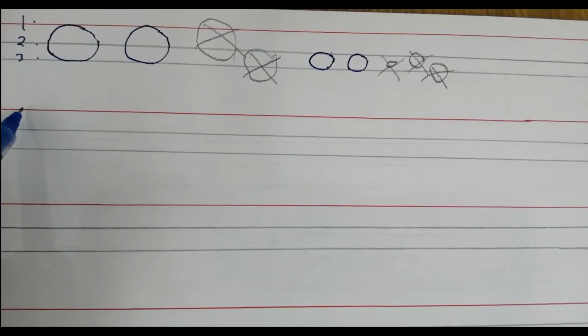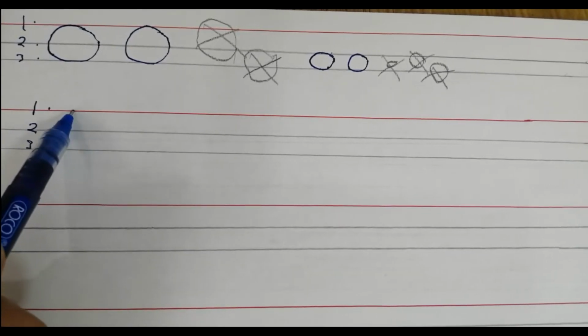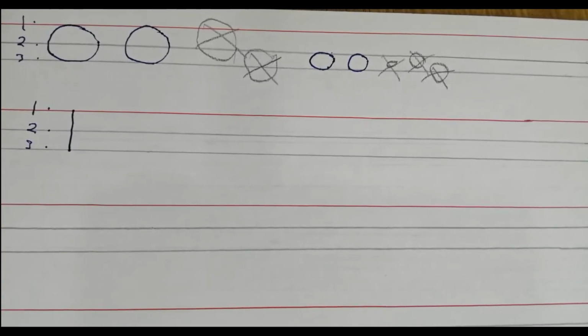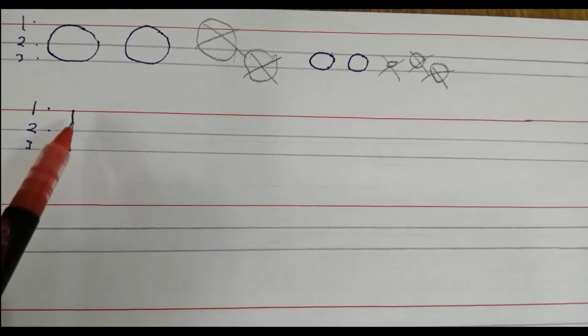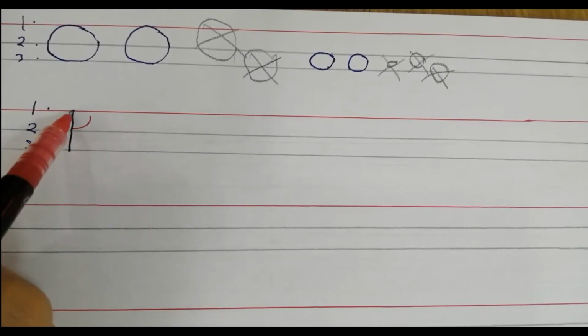Now going to P. 1, 2, 3. Starting from line 1, the red one as usual. Falling line from number 1 to number 3. And a half circle from number 1 to number 3.